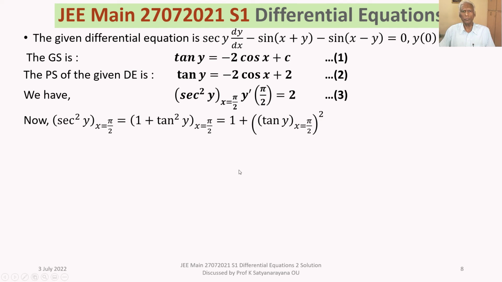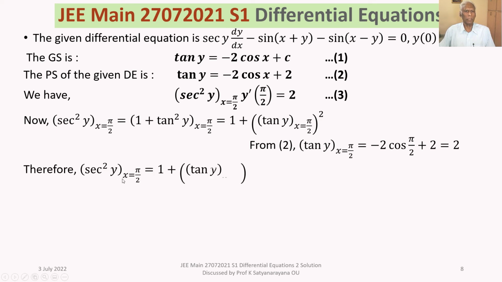From 2, tan y when x = pi/2 is equal to minus 2 cos(pi/2) plus 2. But cos(pi/2) is 0. We will get 2. So tan y at x = pi/2 is 2. Come here and substitute. Secant square y at x = pi/2 is this one, and in this, tan y at x = pi/2 is 2. So 1 plus 2 square is 5.